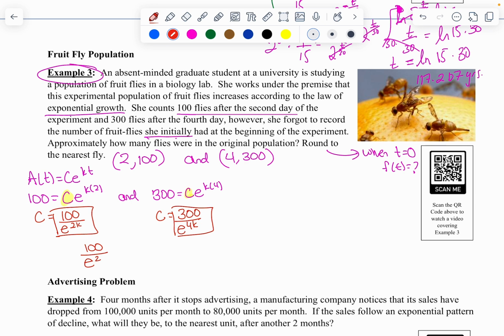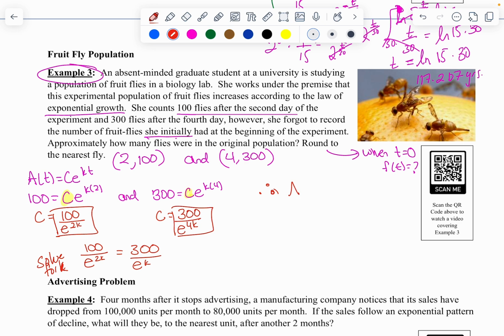Now what this will allow me to do is actually solve for k first. Once you solve for k, go ahead and do that, you should end up with an equation for k.